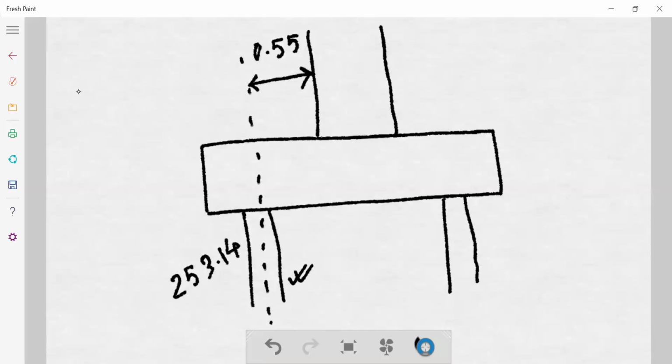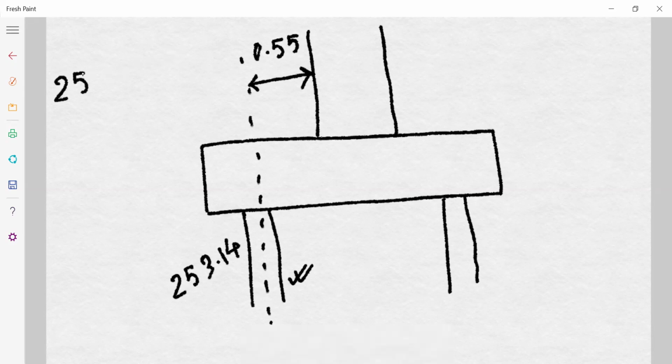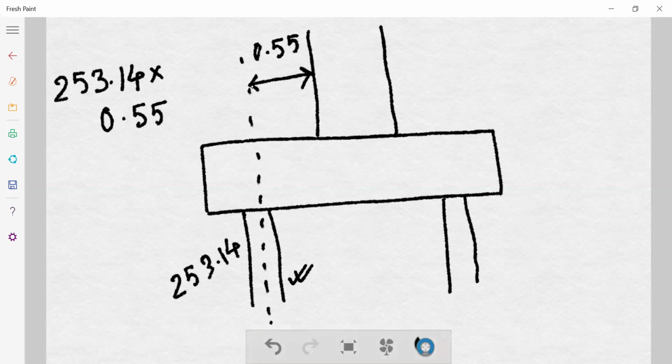So ultimately, the moment that they will give at the column face will be 253.14 into 0.55, that is the load into the distance of the load to that particular section. This is the section where we need the moment, at the column face. There are two piles actually; on that side also there is one pile which we cannot see because of the front view.